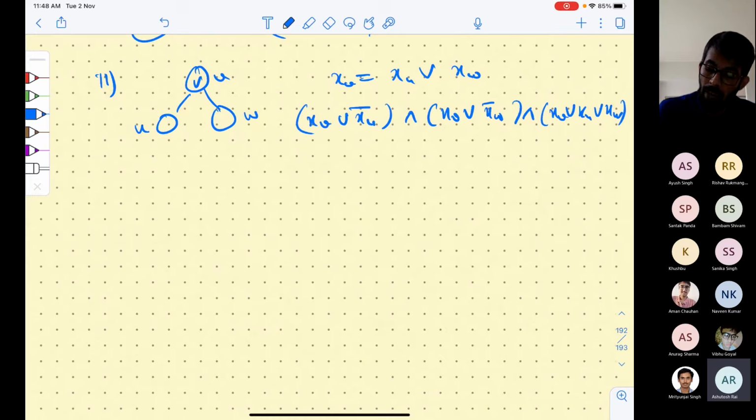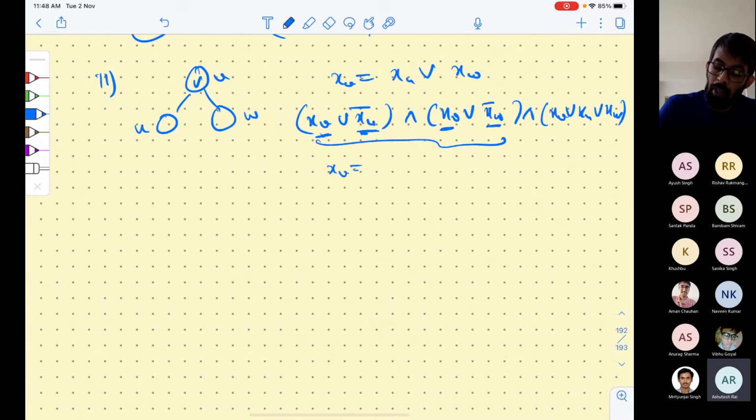This says that if xv is 0, that means both of them have to be 0. Because if this is 0, then this has to be evaluated to 1, that means this has to be evaluated to 0. So together this implies that if xv is equal to 0, then xu is equal to xw is equal to 0, right? And what does this one say?